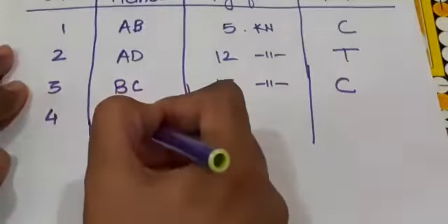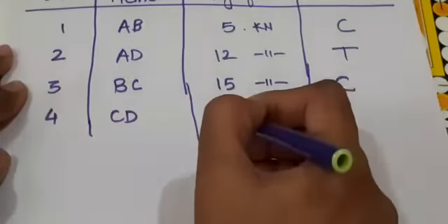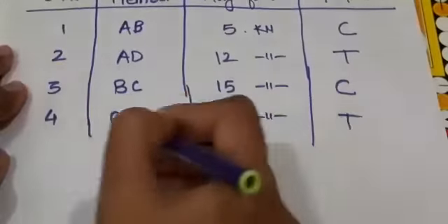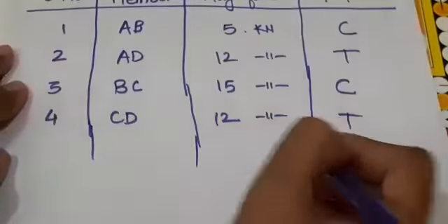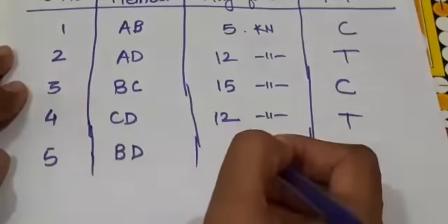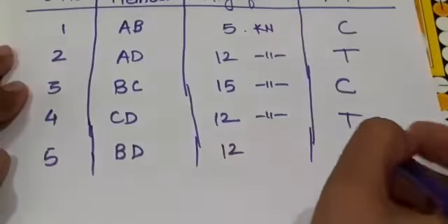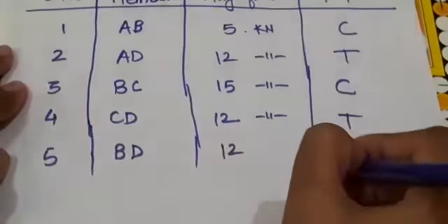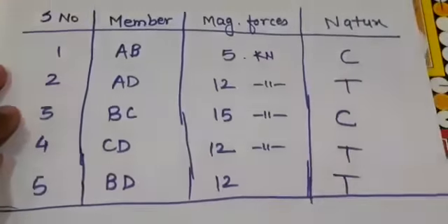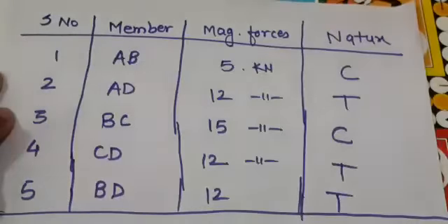Fourth member is CD, having magnitude 12 kilonewton and nature is tension. And the last, fifth member, that is BD, having magnitude 12 kilonewton and nature is tension. So this is all about the analysis of truss by using the method of joint.